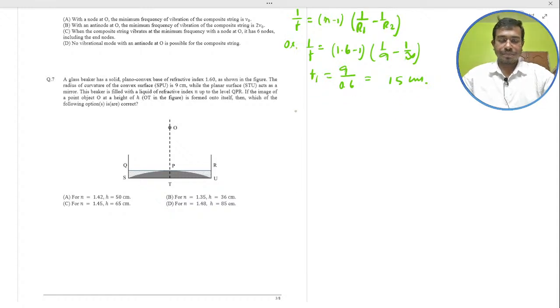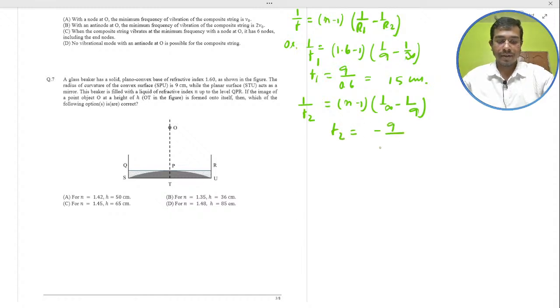Now for the second surface, 1/f2 is (n - 1)(1/∞ - 1/9). So f2 will become -9/(n - 1).